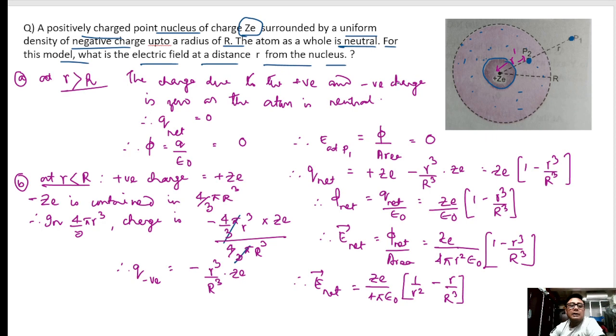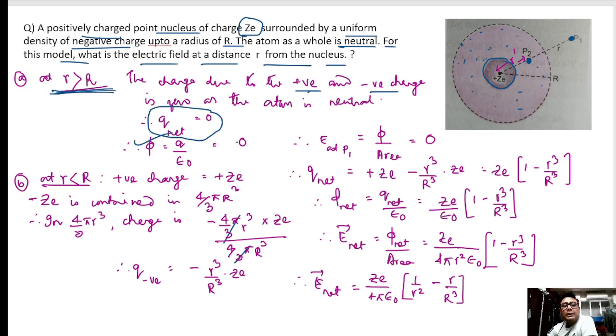First we'll see if the point is outside the sphere. Two charges are actually working here. One is the positive charge plus Ze, one is the negative charge minus Ze. They should be equal. The total charge inside the sphere is coming as 0.